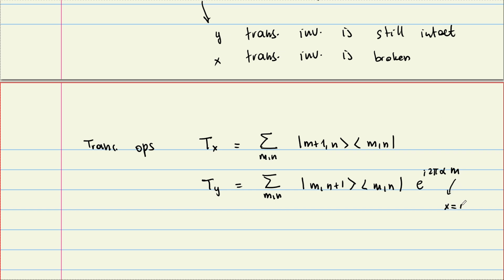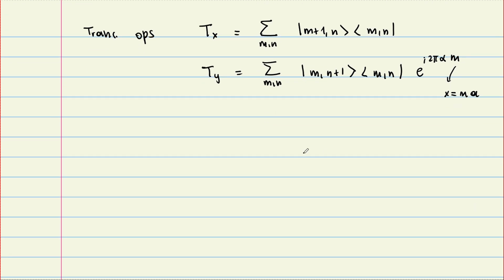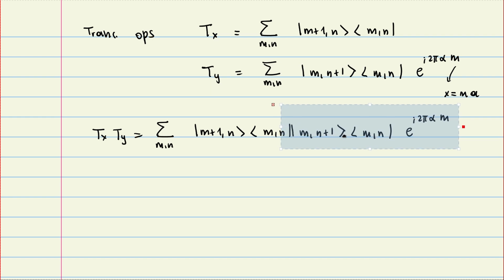The x coordinate is equal to m times a. We generally take a to be 1, but sometimes we can preserve it if it is needed. So TxTy is equal to, let's just write this. Like that. The second one I'm going to put primes.